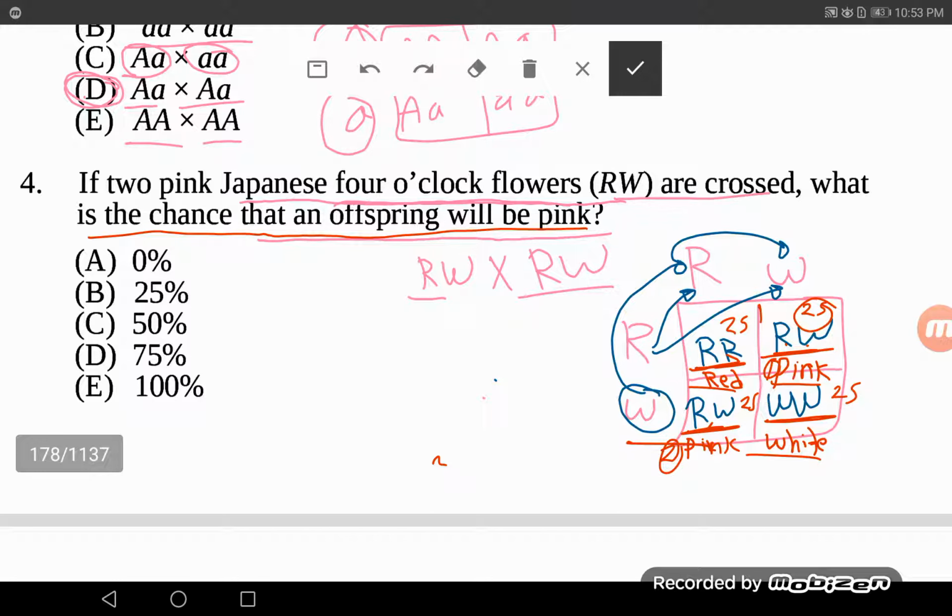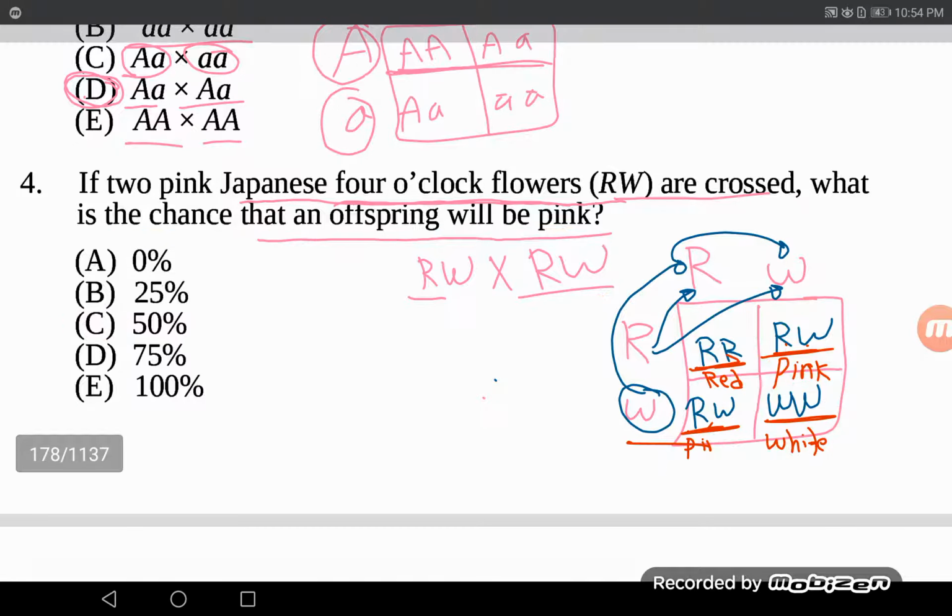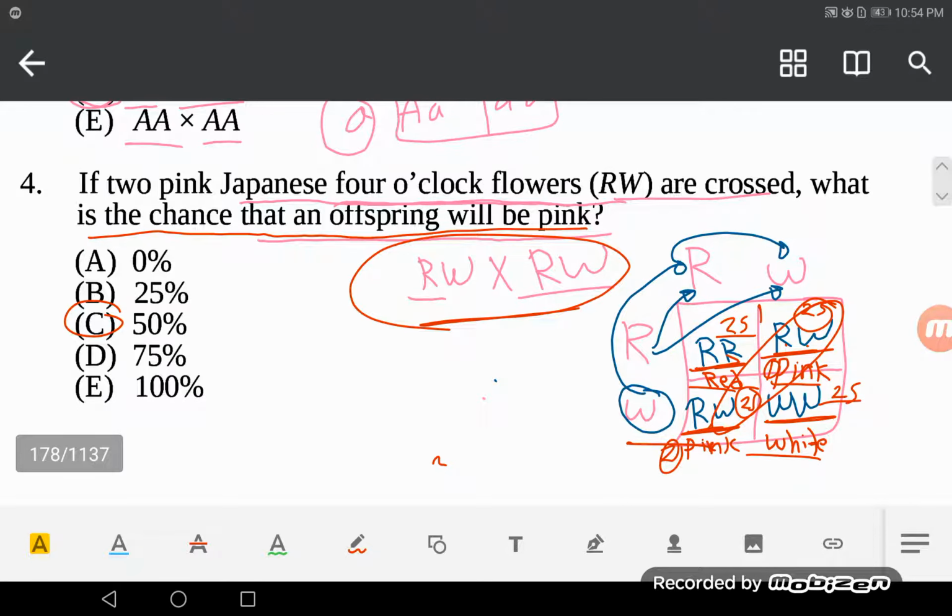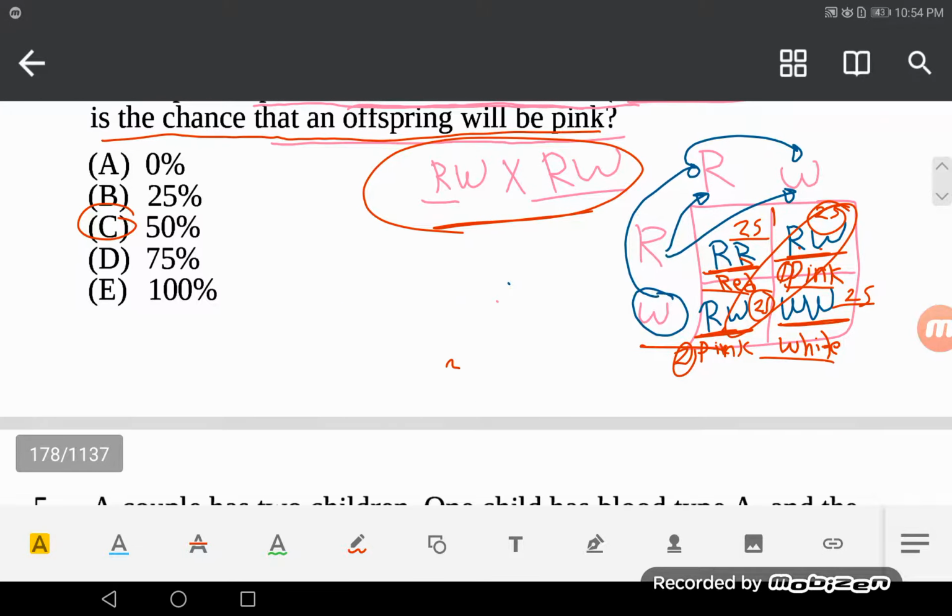So 25 plus 25 is 50%. 25% will be red, 25% will be white, and 50% will be pink for the flower when we have two pink Japanese four o'clock flowers. I hope it's clear, and the answer for this question is C, which is 50%.